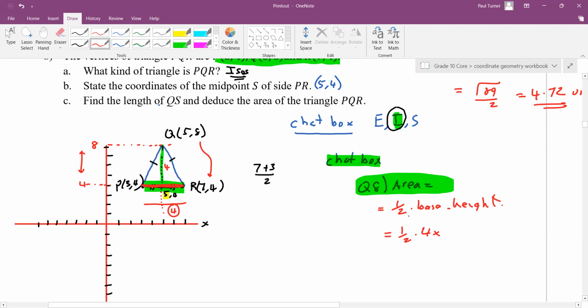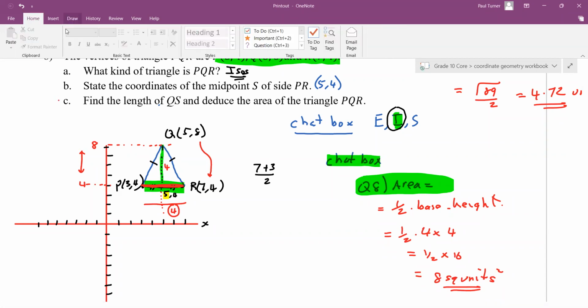Okay, this is okay. So 7 minus 3 is 4. And the height from this is also 4. So half times 16, going to be 8 square units. You got that answer? Any problems? Let me know if I do anything wrong. Yeah, 8 square units looks like the answer for that one.